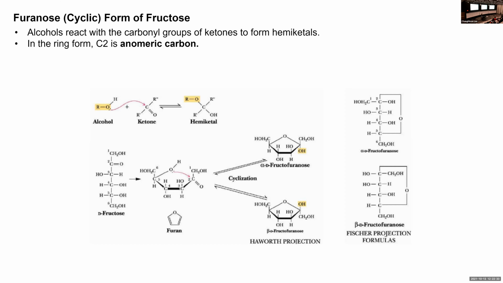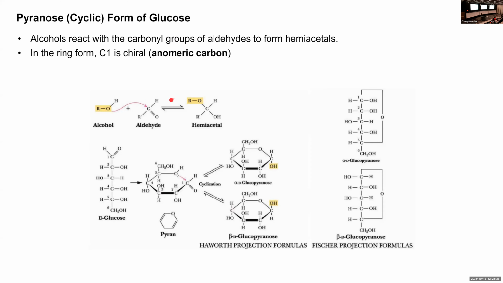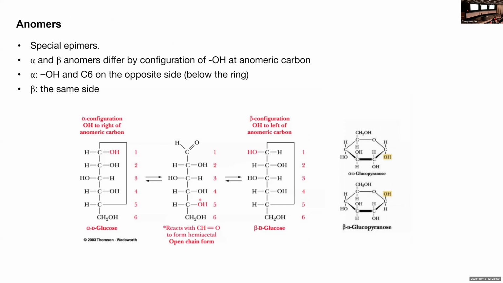All right? And again, the same thing applies for the previous pyranoses too, right? This C1 used to be not a chiral center, and becomes a chiral center. And that's all about the anomeric carbon or the anomers. All right, so now let's talk about the anomers. We're going a little backward, but the anomeric carbons are basically the carbons within the sugar that become the chiral center, right?